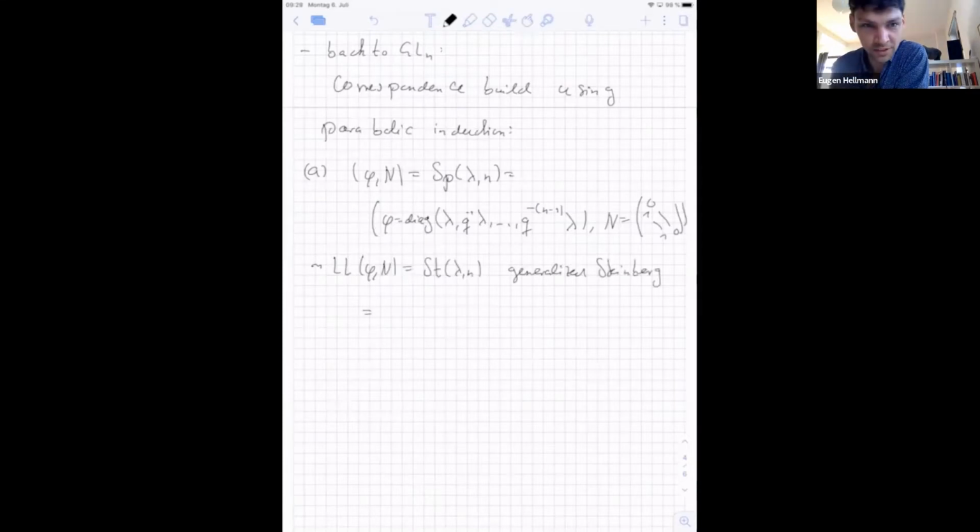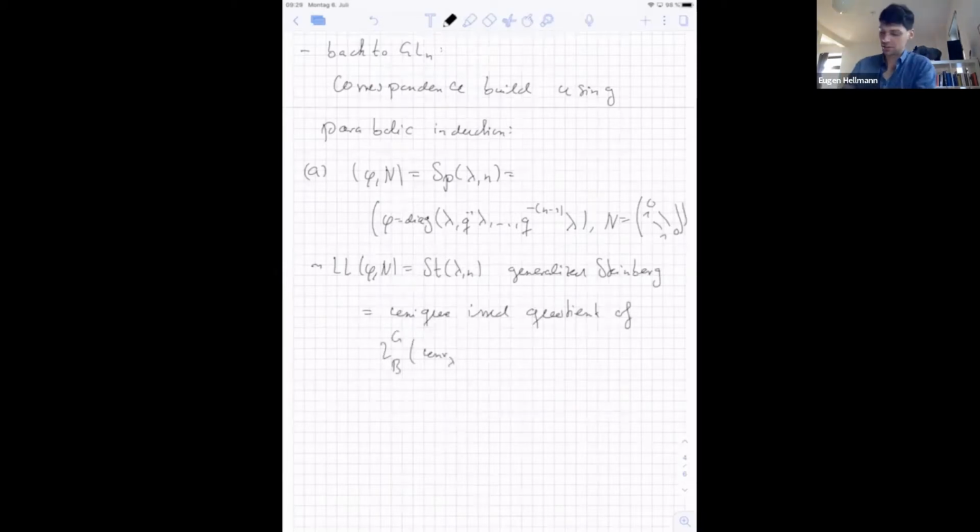Okay, and what is this? This is the unique irreducible quotient of a certain induced representation, iota B G, and then you take the unramified character corresponding to the element lambda of C, and tensorize with the unramified representation corresponding to q to the -1 times lambda, and then up to the unramified representation of q to the -n-1 times lambda.